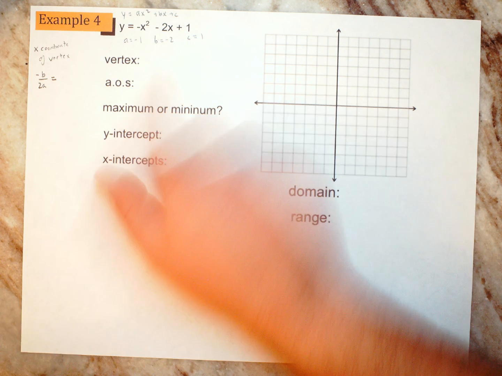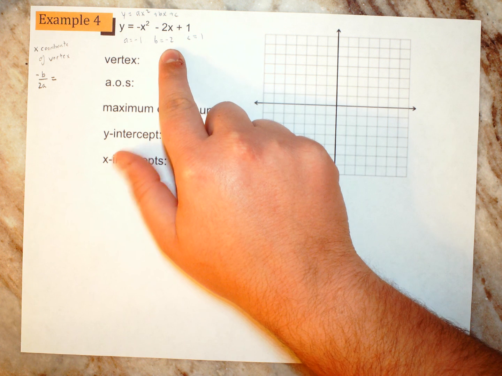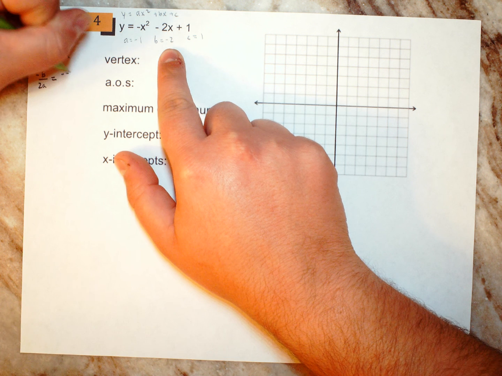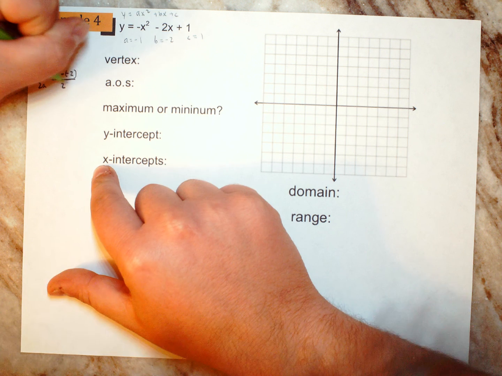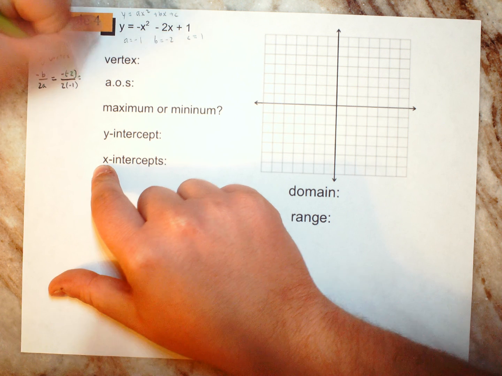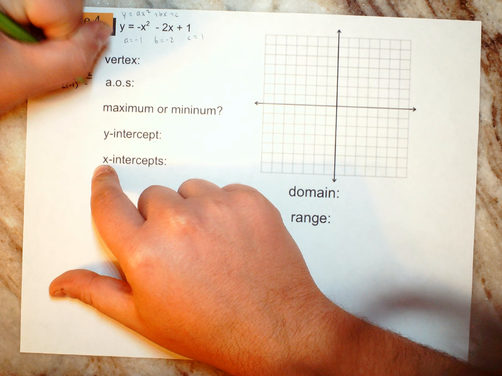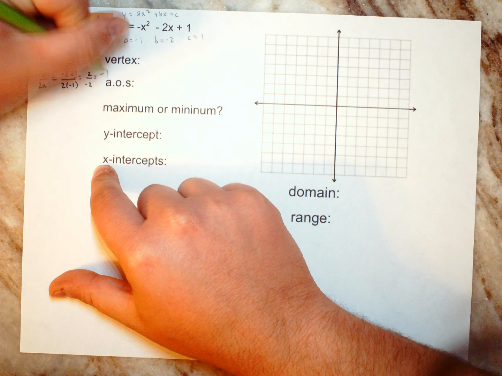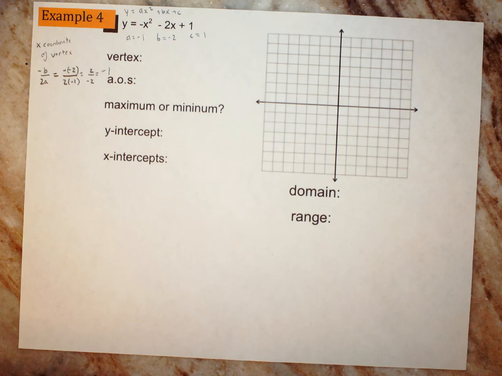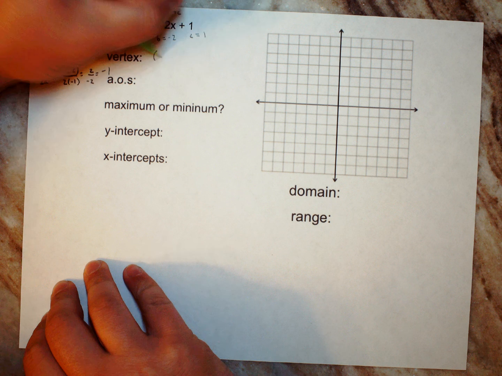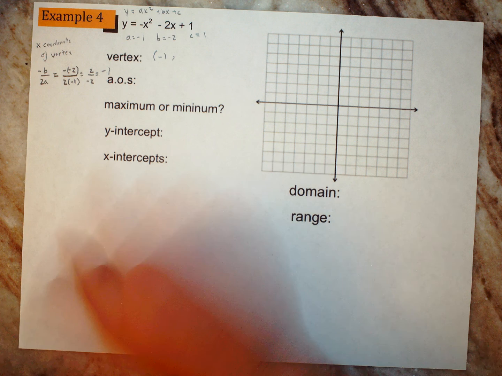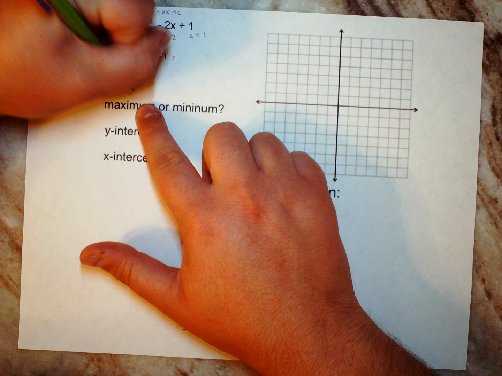So the opposite of -2 is going to end up being +2 over 2 times -1, which ends up being 2 over -2, which is -1. So the x coordinate of the vertex is -1. And for the axis of symmetry, it's x equals -1.